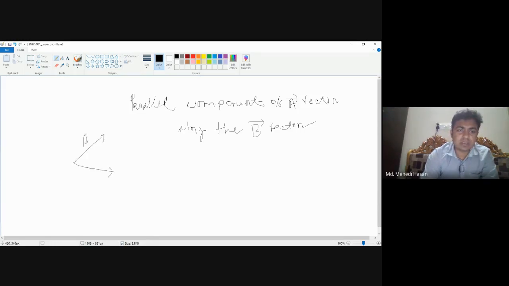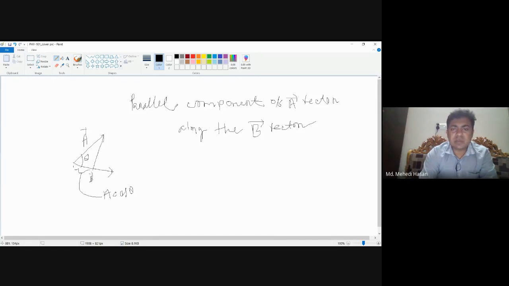This is vector A, vector B, and this is theta. In the previous case, in scalar product, we drew a perpendicular line. This is a cos theta, which is called the projection of A along the direction of B, or the component of A along the direction of B.